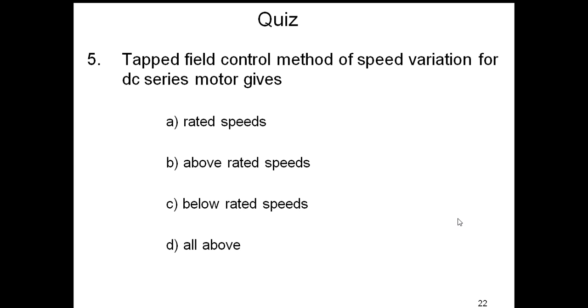So the option is all of the above. That is D. Here it is given as B, but it is wrong. The option is D, all of the above.